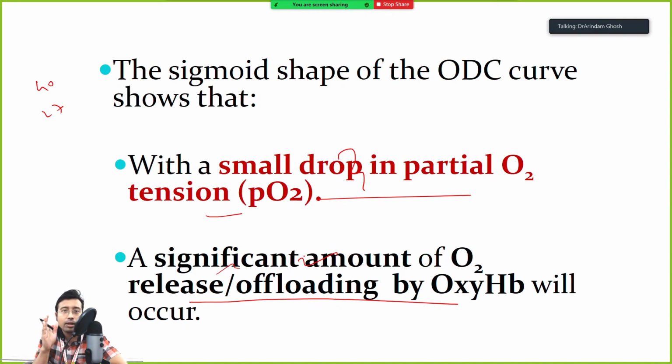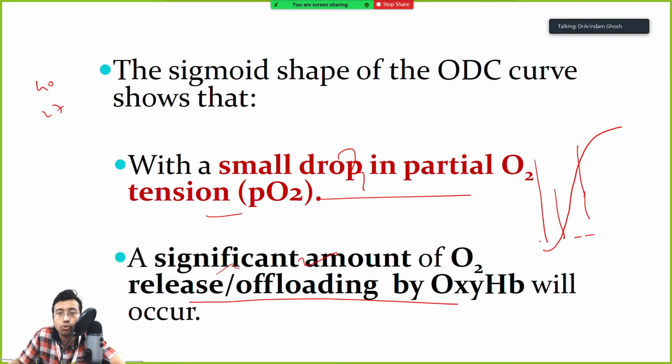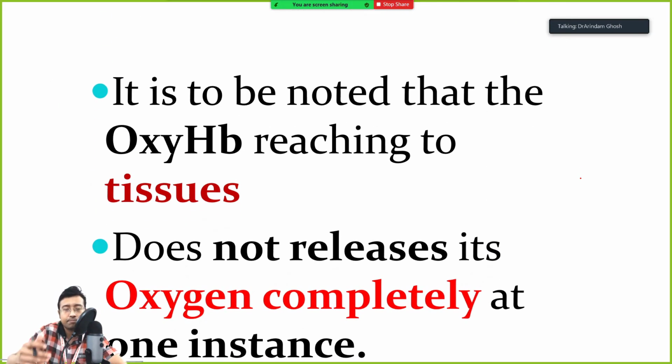So whenever we are going towards the left side, it is sigmoid, meaning it is going just like this. So in this section, even a small change in partial pressure of oxygen will lead to a huge change in oxygen delivery to the tissue. This is what the sigmoid curve tells you.